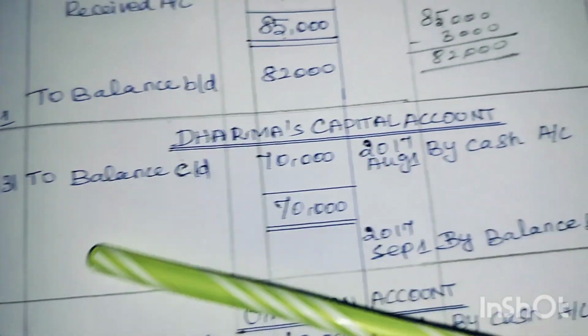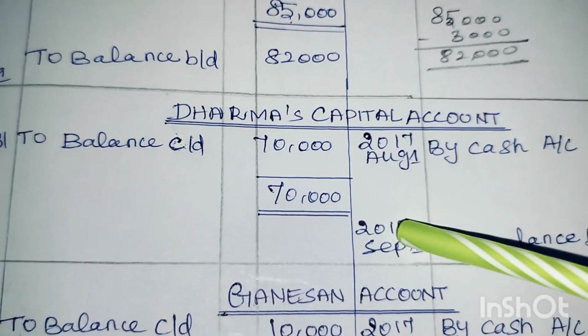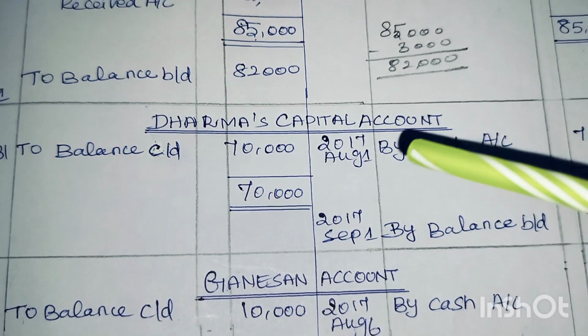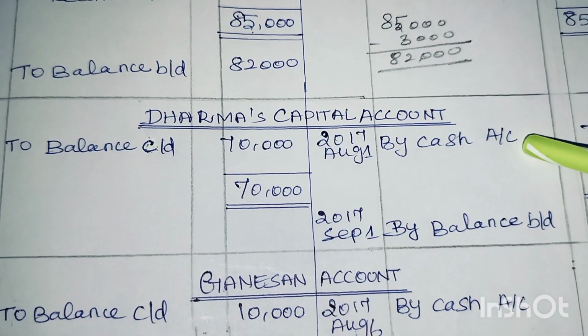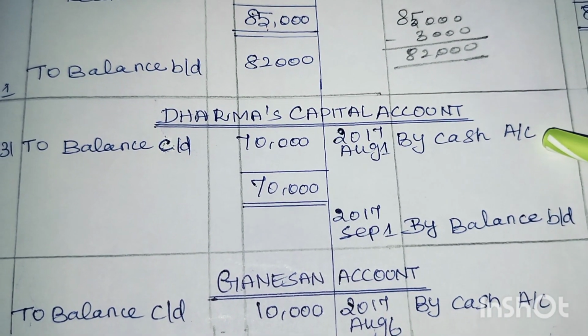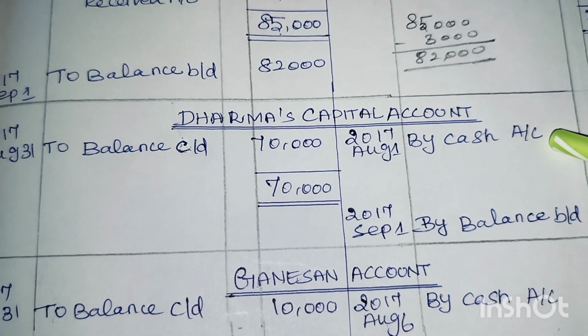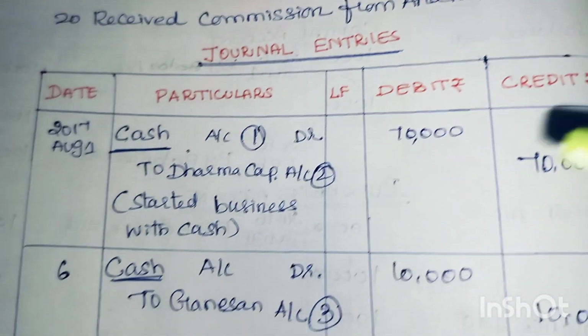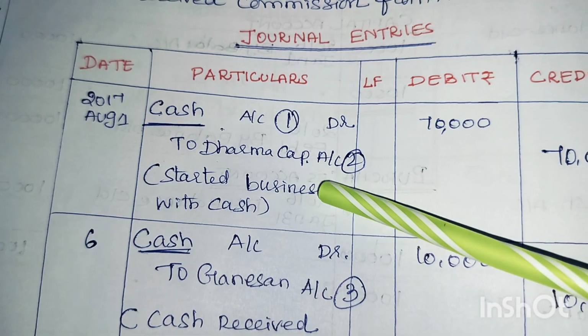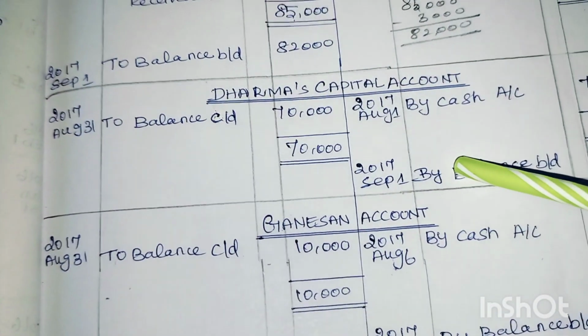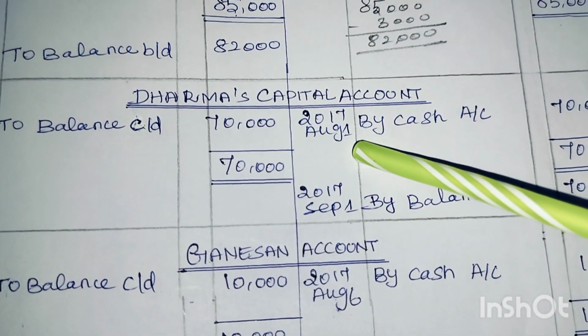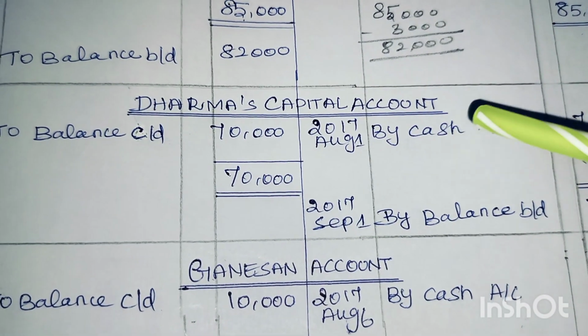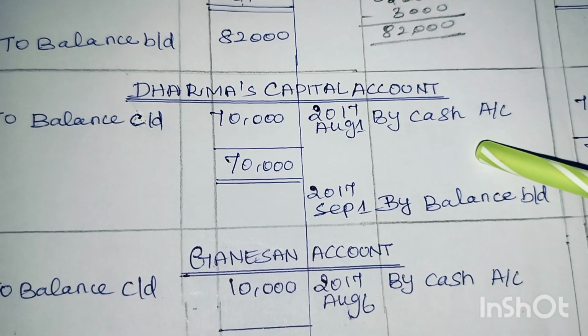So come to the ledger account. Under Dharma's capital account, on which side are we going to post? On the credit side. Why? Because Dharma's capital account is on the credit side. So we come to the credit side.